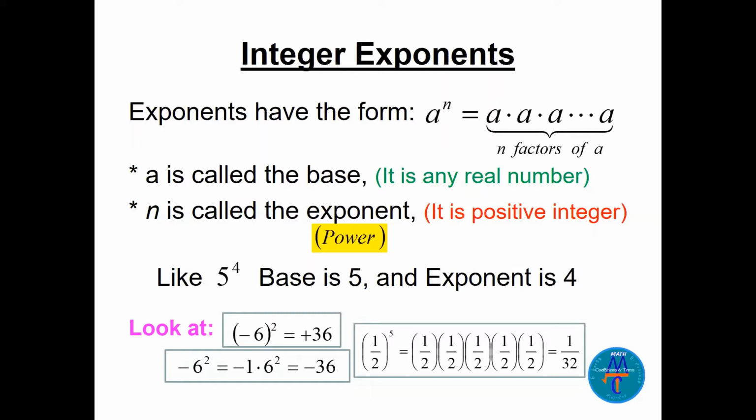A is called the base. See the word base here. n is called the exponent or the power. So we have an example, 5 to the power 4. The base is 5 here, and the exponent is 4.